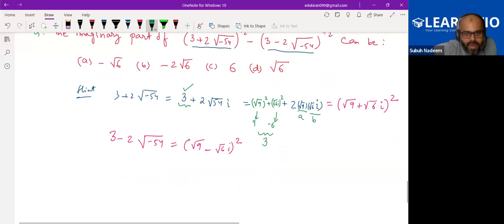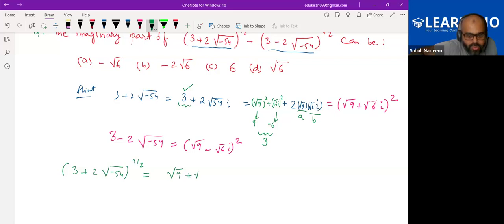So if you take under root, under root of 3 plus 2 root over minus 54 is equal to root 9 plus root 6 iota square under root, right?